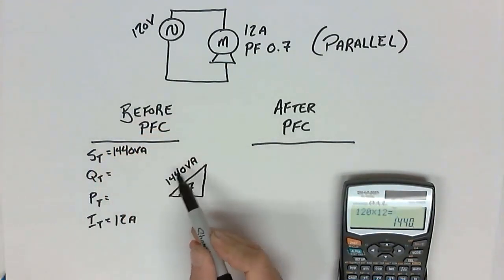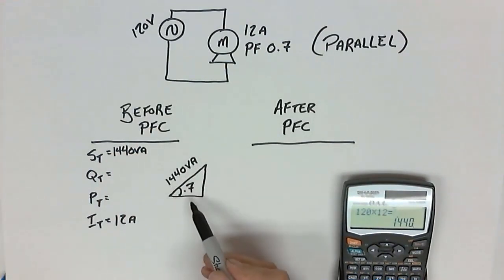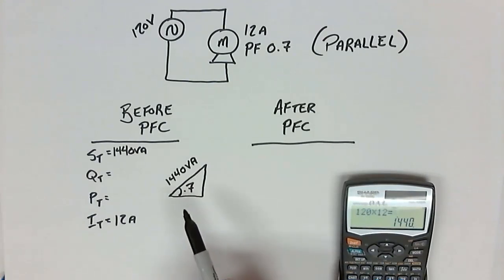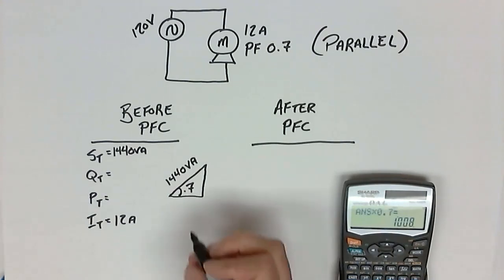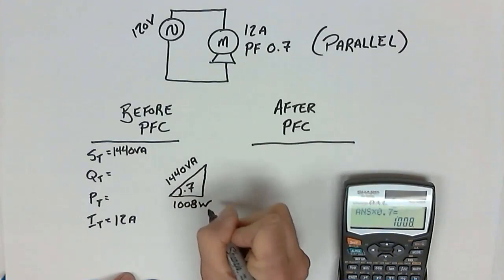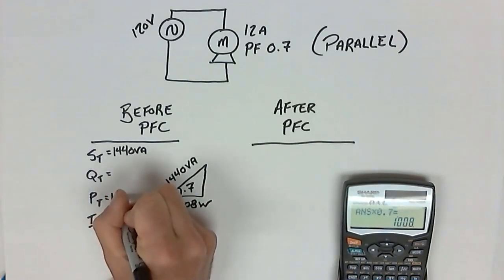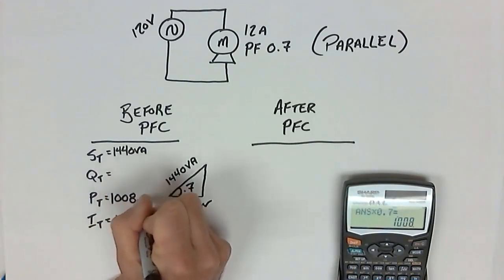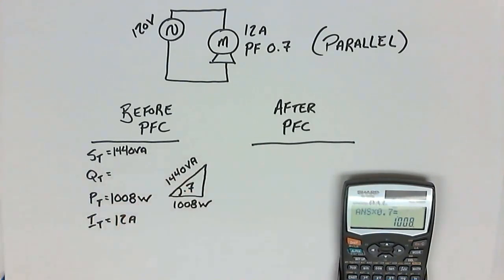At this point, I can use my VA with my power factor, and I'm using a little bit of a trick here. Remember, at this point, you should probably understand that you can take this value, multiply it by the power factor, and get your horizontal component. So 1440 times 0.7 gives me 1008 watts. So that is my power. And then finally, Q, I can use Pythagoras.